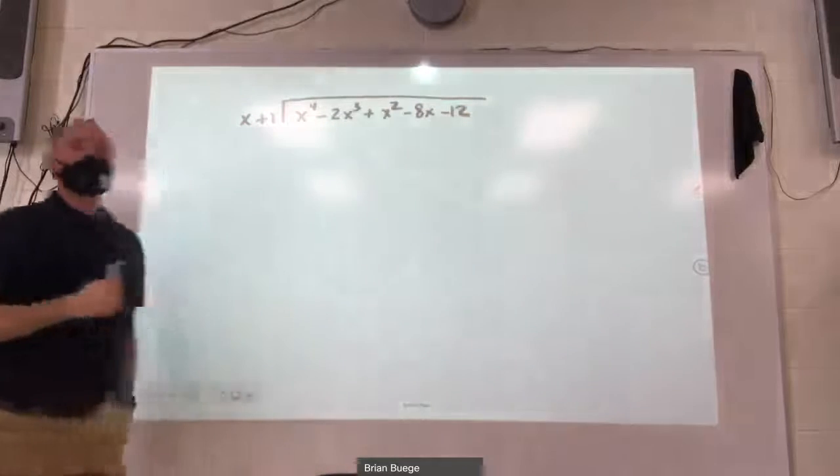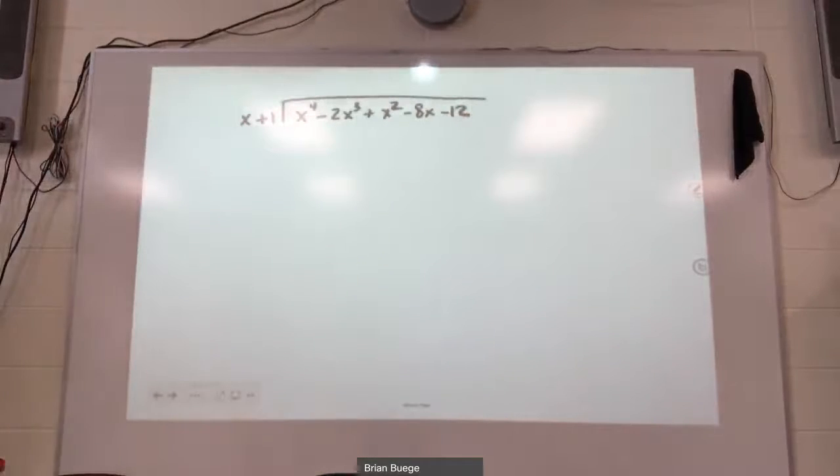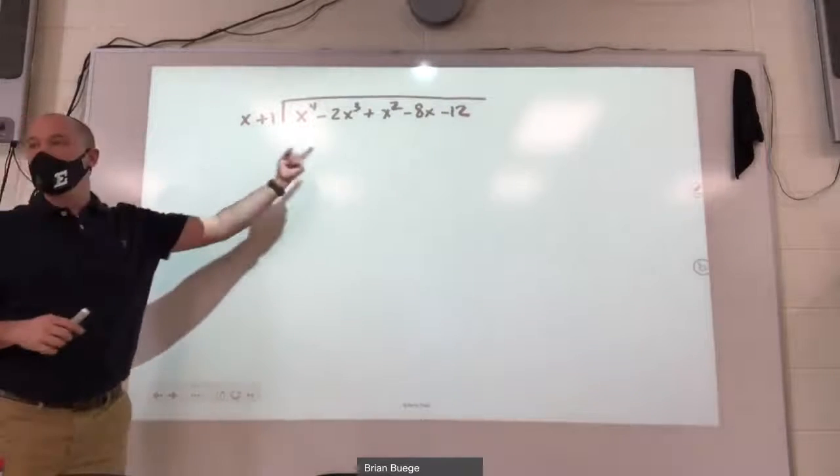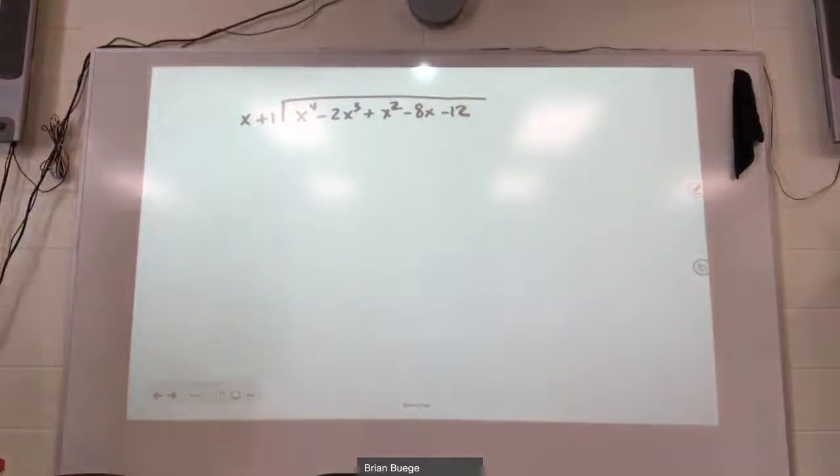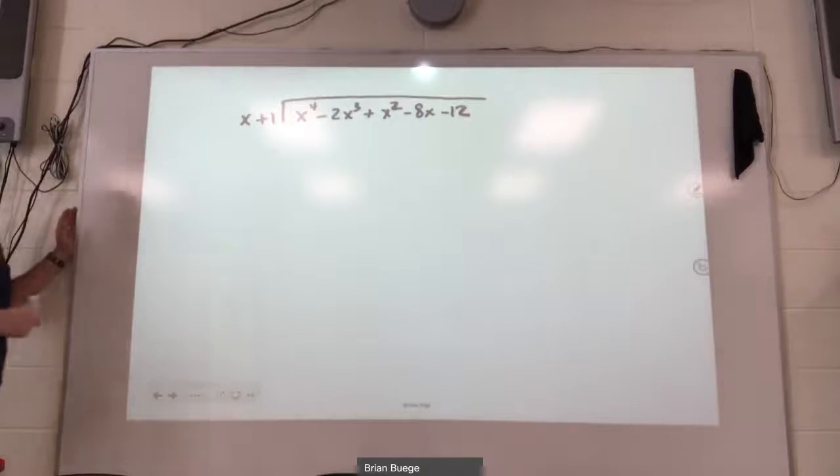We already know that x plus 1 is a factor, so we know at the end of this, we should get a remainder of 0. If I don't get a remainder of 0, then I know that it's incorrect. Same process, but now we're starting with an x to the 4th, so it's going to be a little bit shorter. Could be one whole less process of what we just did.